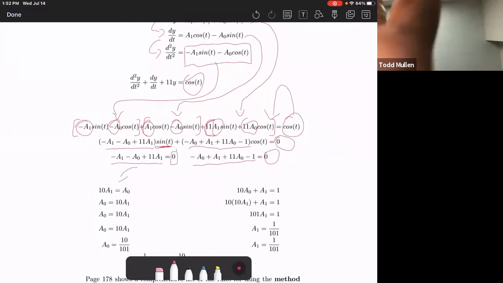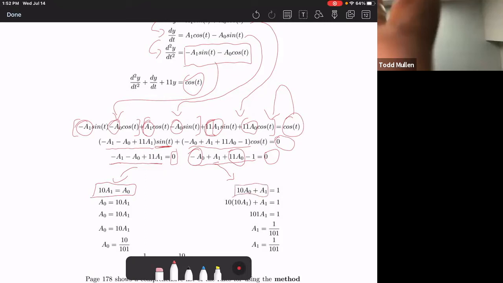So we'll start on the left. 11a1 minus a1 gives us 10a1. 10a1 is equal to a naught. Now I'll move over here to the right side equation. We've got 11a naught minus a naught gives you 10a naught, plus a1 is equal to 1.